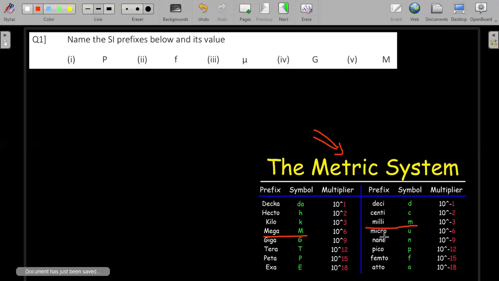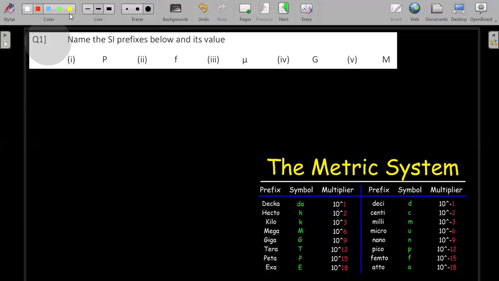The difference is whether it's a capital letter or a small letter. For the milli, you've seen that it's a small letter, and this capital letter M is for the mega. So you have to be very careful as you look at the prefixes you've been given. If it's a smaller letter, it will mean something; if it's a capital letter, it will mean something else.